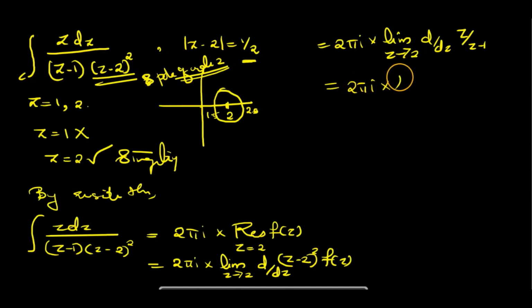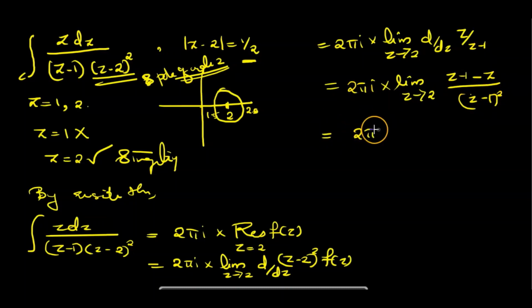So differentiating this function and putting limit z tends to 2: denominator (z minus 1) into derivative of numerator, which is 1, minus numerator into derivative of denominator, which is 1, over denominator whole square.